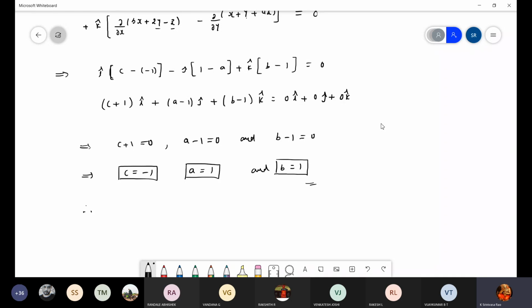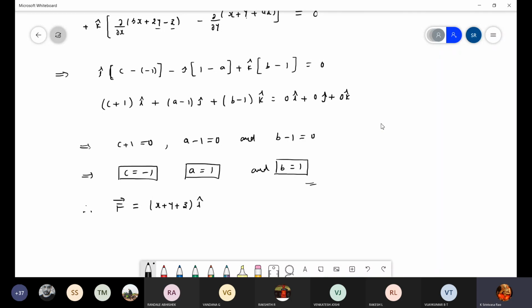So F equals, I will substitute x + y + az, a value is 1, so this is (x + y + z) i cap. I am substituting the values of a, b, c into the problem.